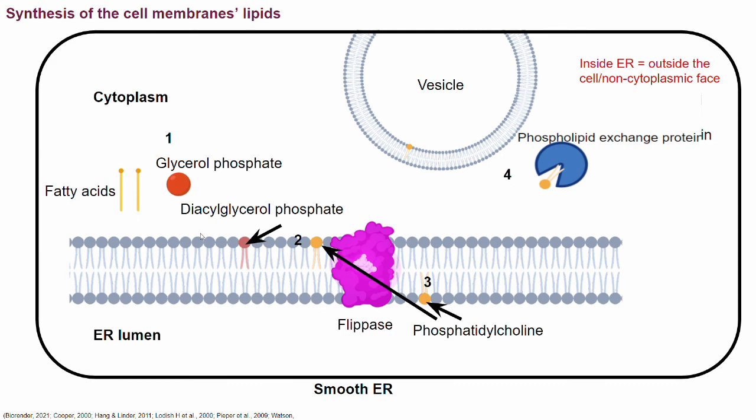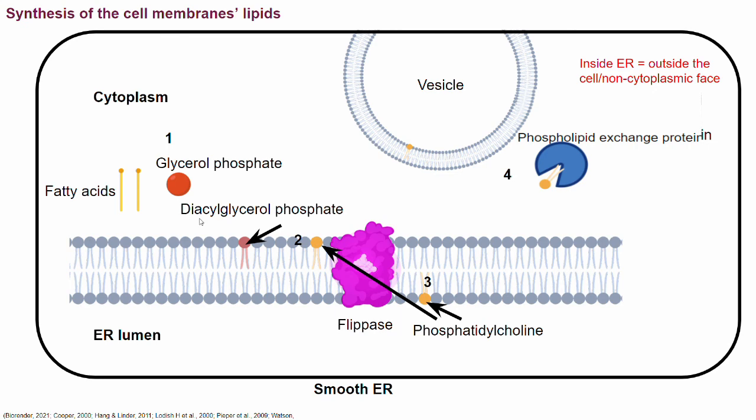So the first step is that 2 fatty acids are bound to something called glycerol phosphate, making something called diacylglycerol phosphate. Okay, this diacylglycerol is also called DAG, which is an important part of the cell membrane lipids.